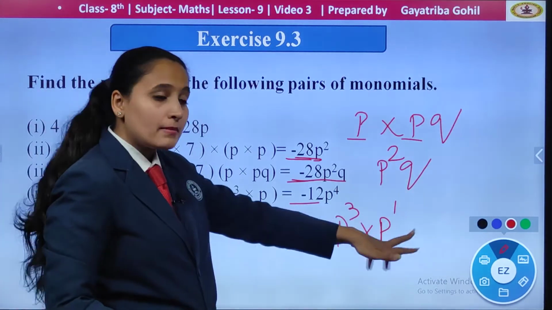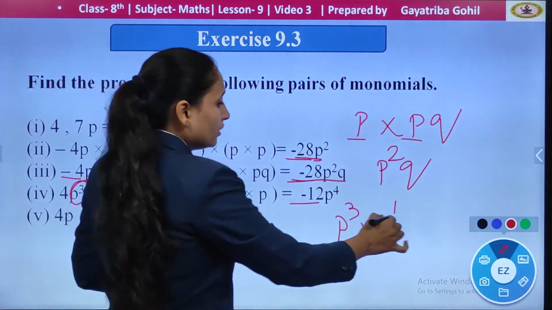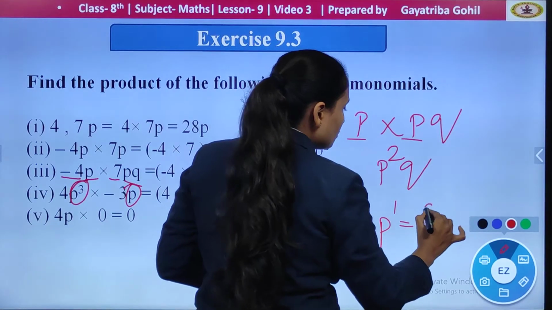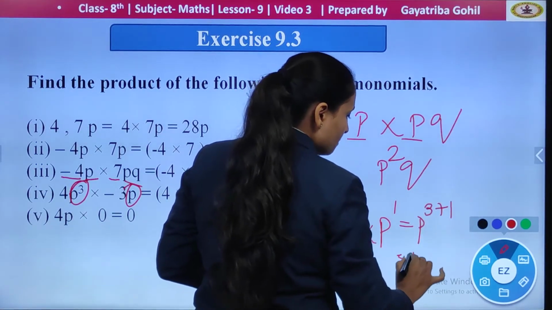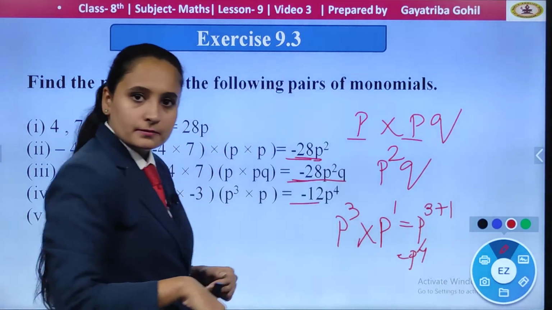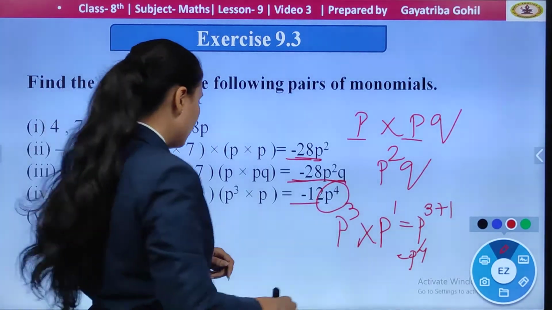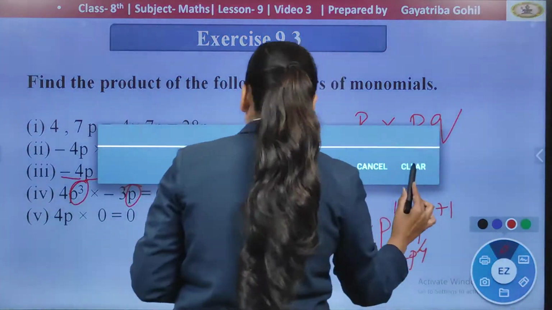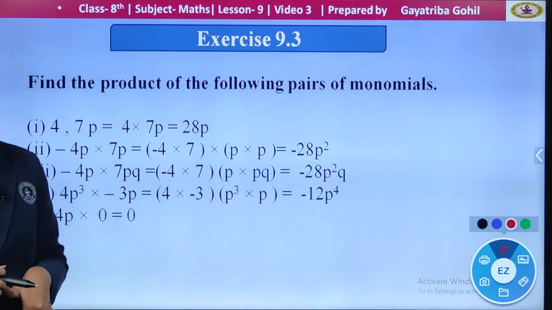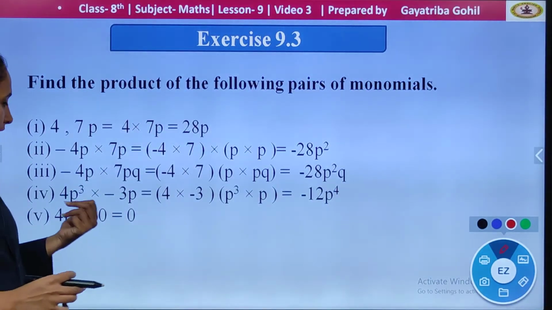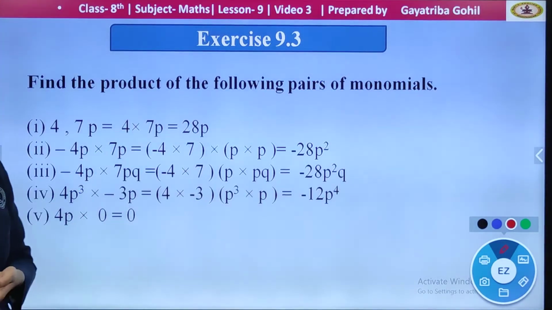If there is no power, there is 1 always. So, here you can write p raised to 3 plus 1. So, it will become p raised to 4. So, here my power will be 4, right. Then 4p into 0. Anything multiplied with 0 will give you 0, right.